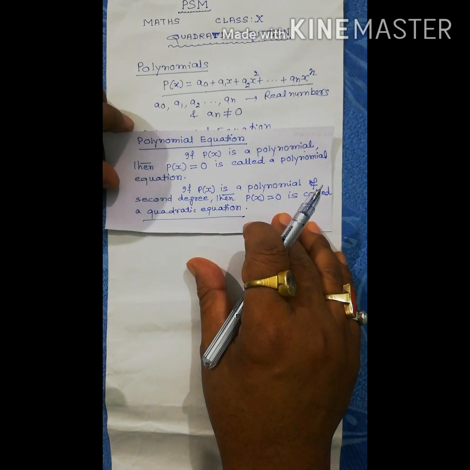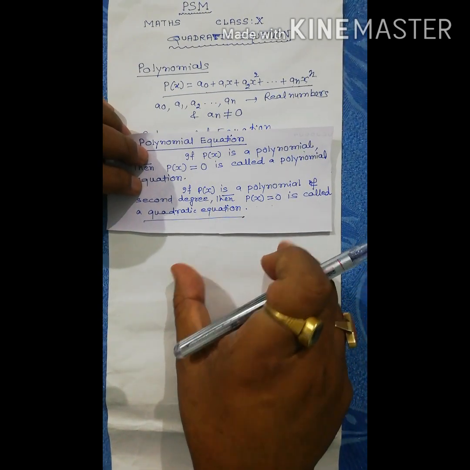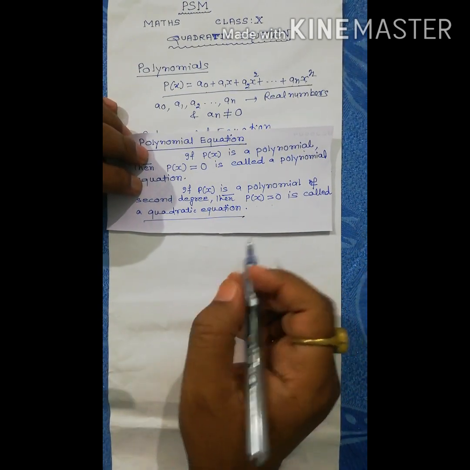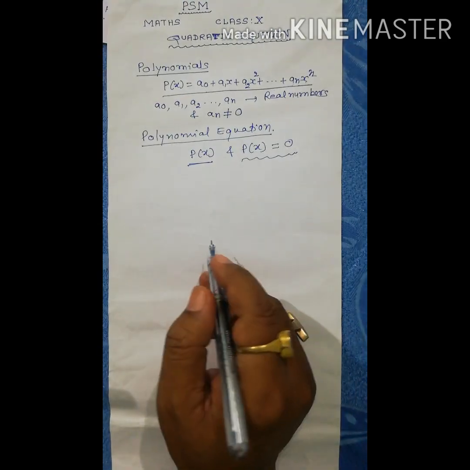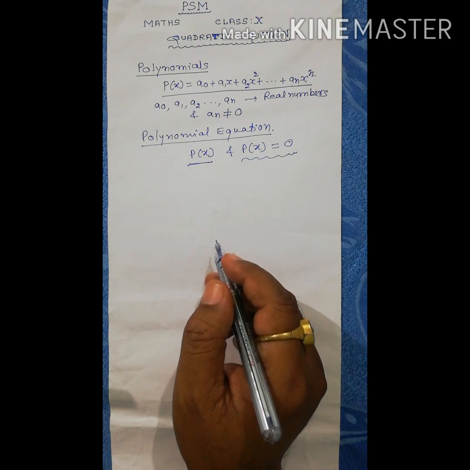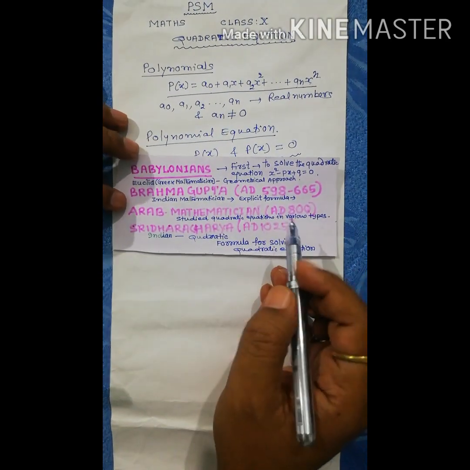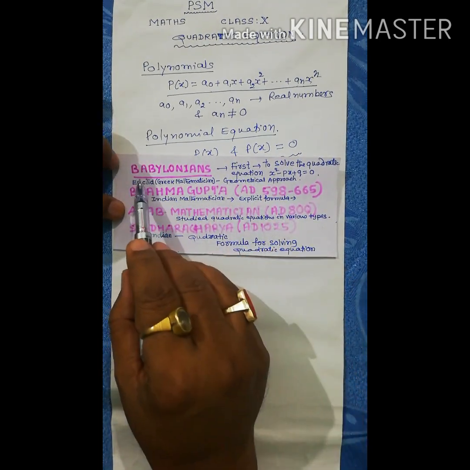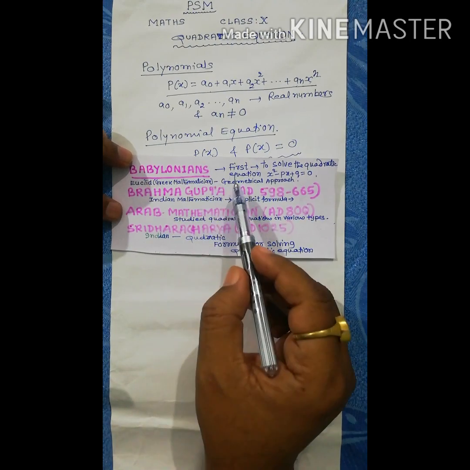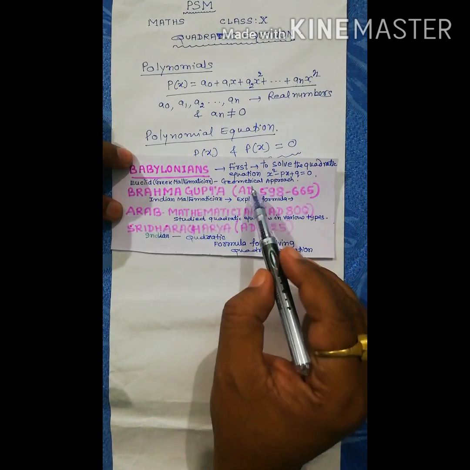So now we are able to start quadratic equations. This chapter is very important and we have to learn step by step. So what is a quadratic equation? Quadratic equations were, before 598 AD, first solved by the Babylonians.